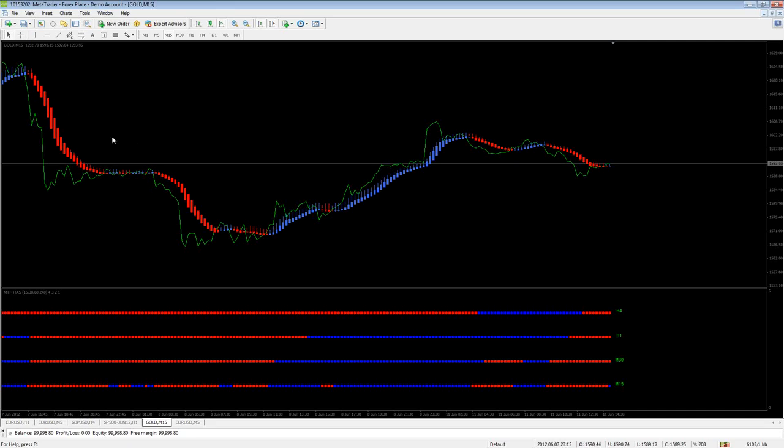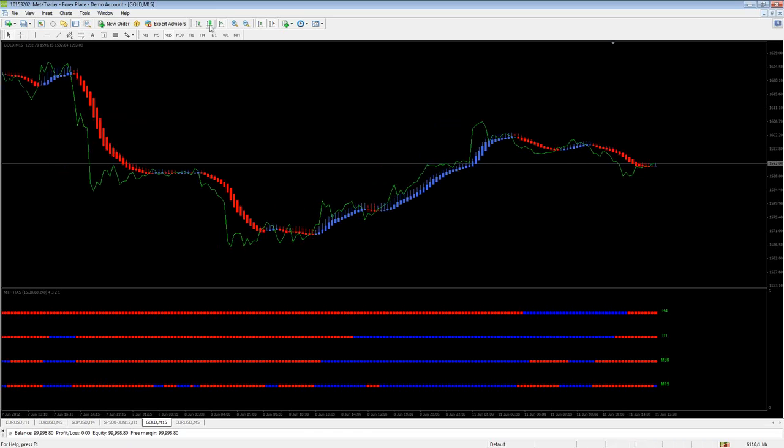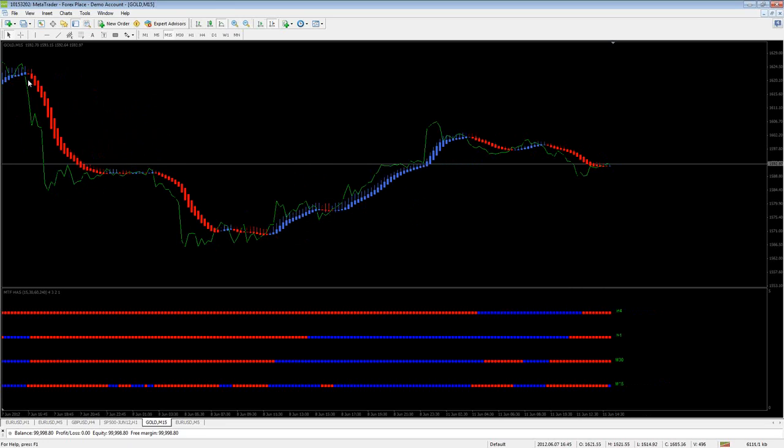They take the average of the high, low, close of previous prices, and they don't show the exact open and close of the current candle, but do some calculation in order to smooth or average the trend, so that even if there are bullish candles during a downtrend, or bearish candles in an uptrend, the Heikin Ashi candles remain red in this case, even during the downtrend, and blue in the uptrend.